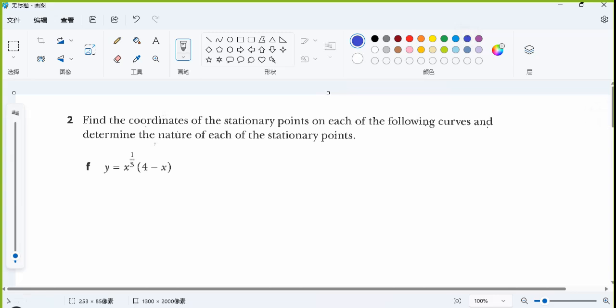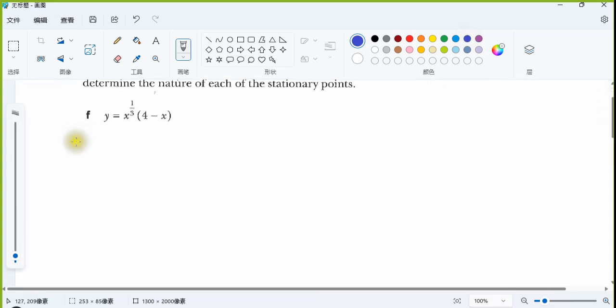So question number 2, we have y equal to uv. So the first derivative will be uv prime plus vu prime. So the dy/dx here will be x power 1 over 3. Now what? Oh, we don't do it this way. We will just expand this one.